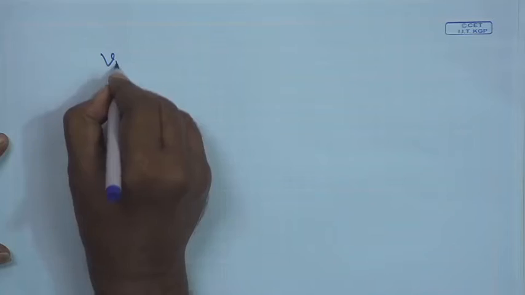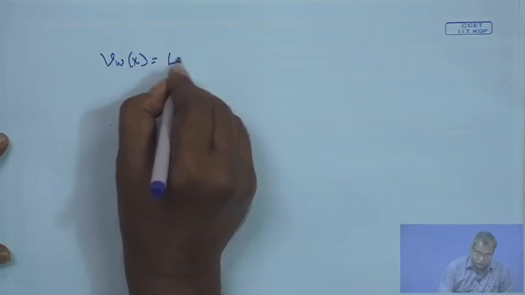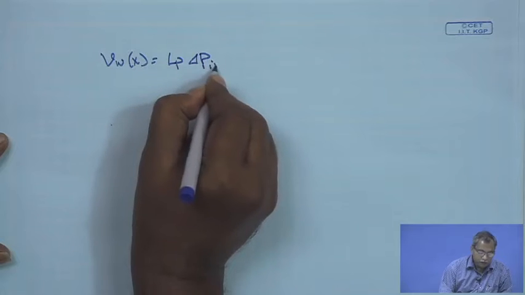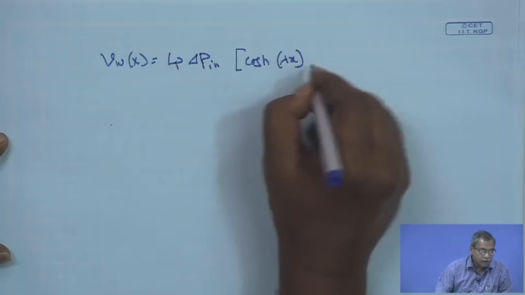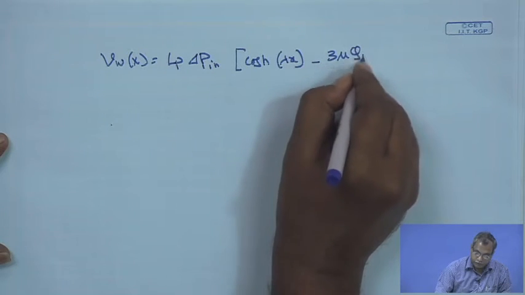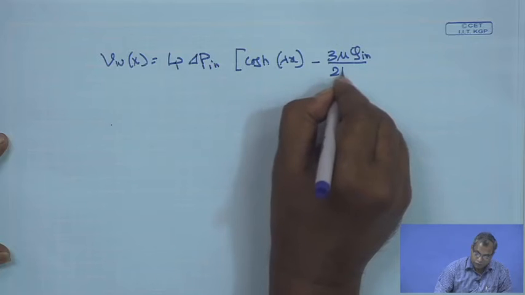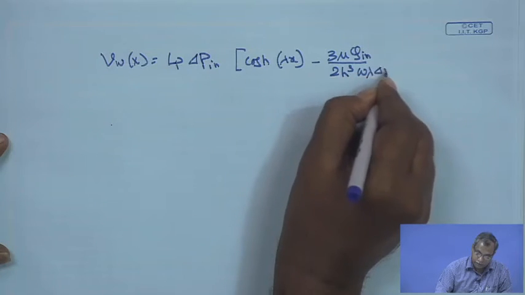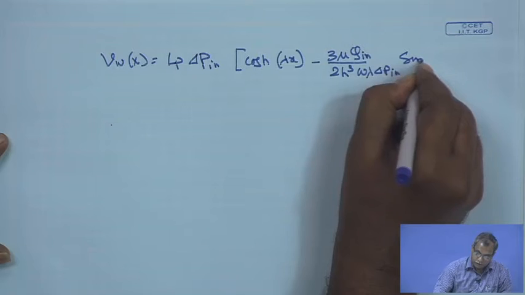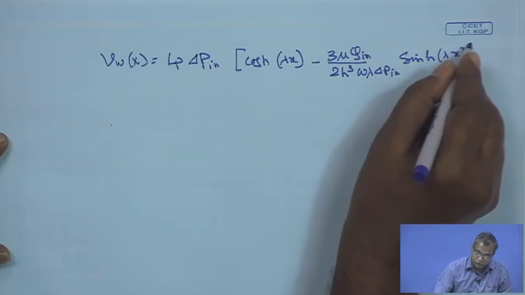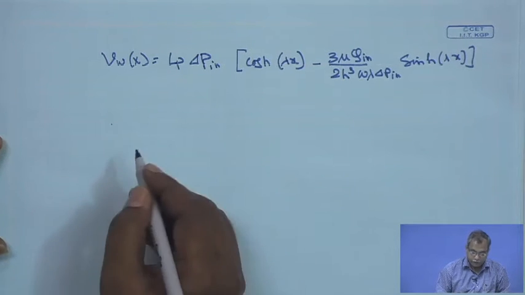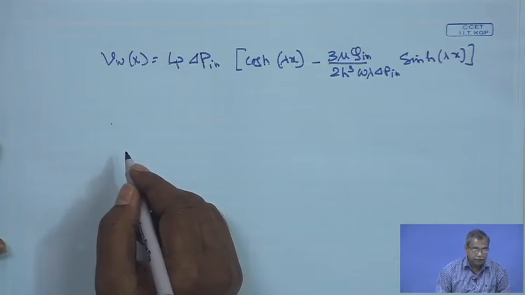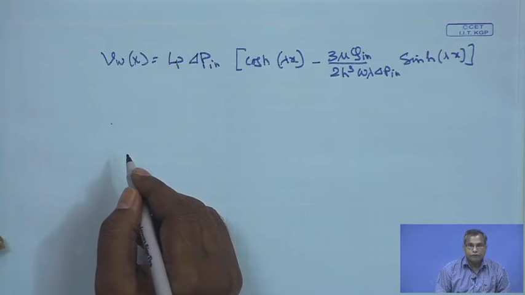If you really do that, the expression of permeate flux becomes L p delta p in cos hyperbolic lambda x minus 3 mu q in divided by 2 h cube w lambda delta p in sin hyperbolic lambda x. Now, the profile of the retentate velocity in the channel can also be obtained from this expression.